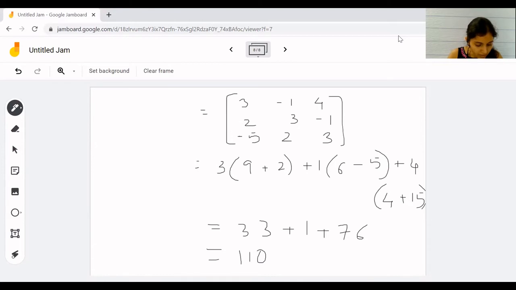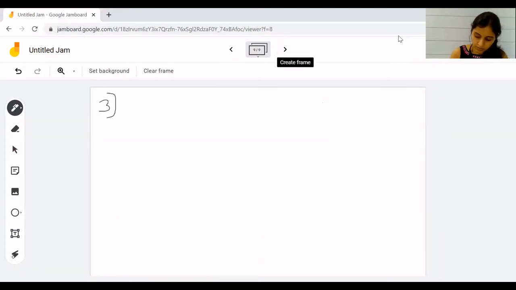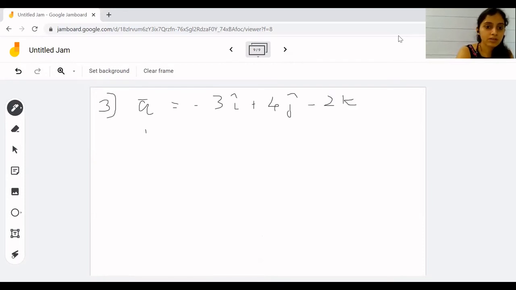Now if vectors are coplanar, what do we know about the scalar triple product? It is equal to 0. So I'll do the third sum now. Let's take A bar equal to minus 3i plus 4j minus 2k, B bar is equal to i plus 2k, C bar is equal to i minus pj.